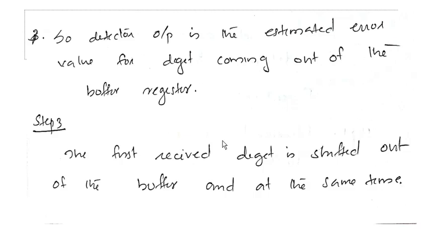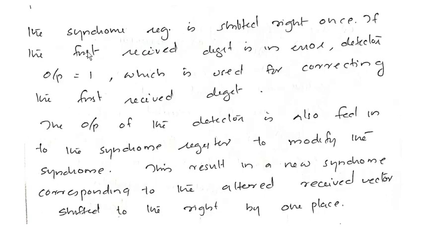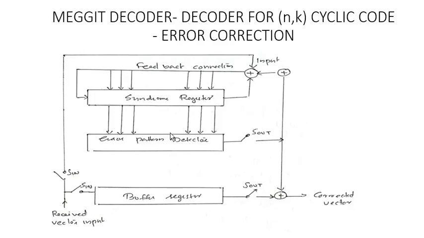Then in step 3, the first received digit is shifted out of the buffer register and at the same time the syndrome register is shifted right once. So after this error correction of the first digit, the buffer register content is shifted right by 1 place, and similarly the syndrome register content is also shifted right by 1 place.